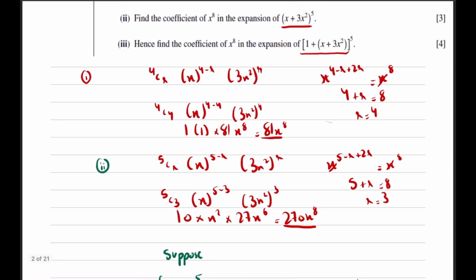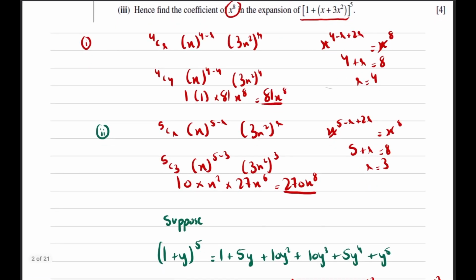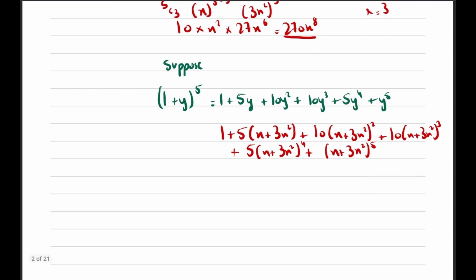Now I'm supposed to find the coefficient of x power 8. Now listen to me. Guys, if you multiply 5 with this, can you get x power 8? No. It can be maximum x square. If I expand this with an identity, it's going to become x square plus 6x cube plus 9x power 4. So the maximum power will be what? 4. In the cube, the maximum power will be 6. But here, you can get the coefficient of x power 8. And here also you can get the coefficient of x power 8, right?